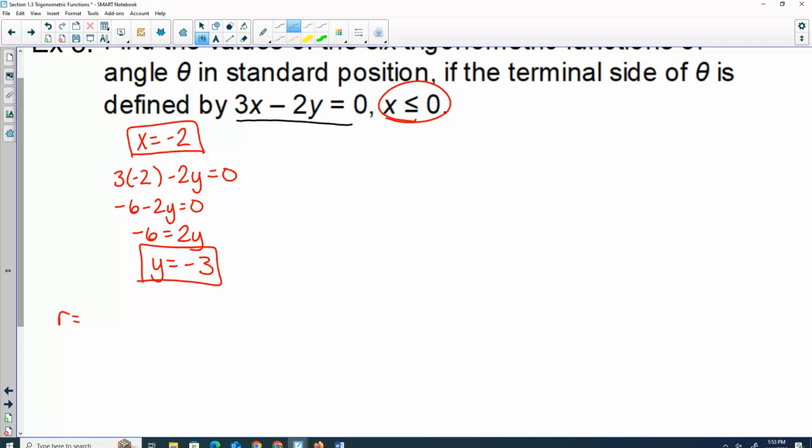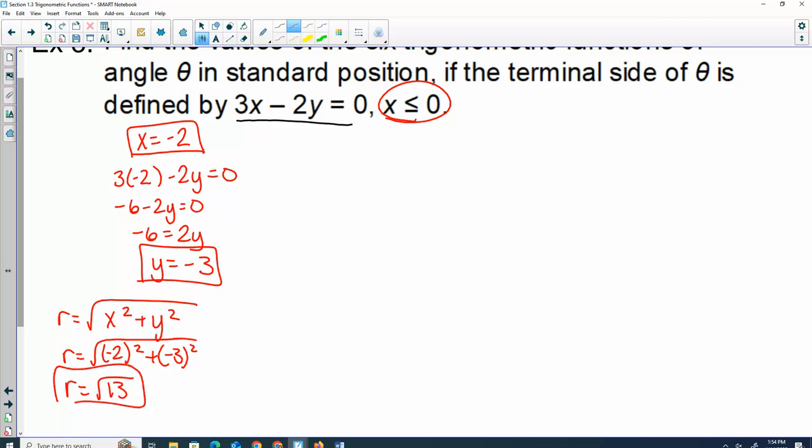So r is the square root of x squared plus y squared. So x is -2, y is -3. That's 4 plus 9, which is 13. That doesn't reduce. So we are just going to keep it as radical 13.